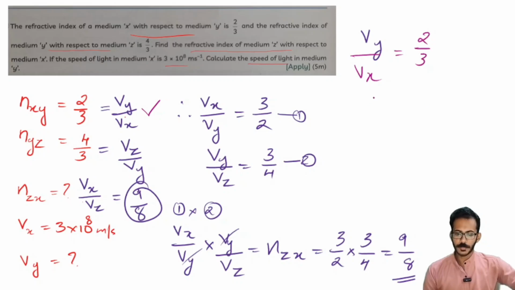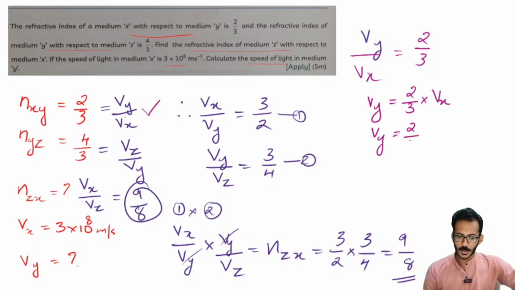Okay, we don't know what Vy is. I'll write Vy there itself, equal to 2 by 3 into Vx. So Vy is equal to 2 by 3 into the Vx value already given here, that is 3 into 10 raised to 8. I'll write it there. 3 into 10 raised to 8.